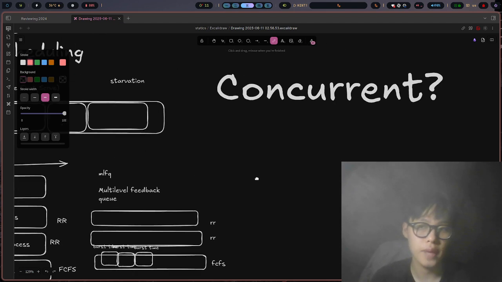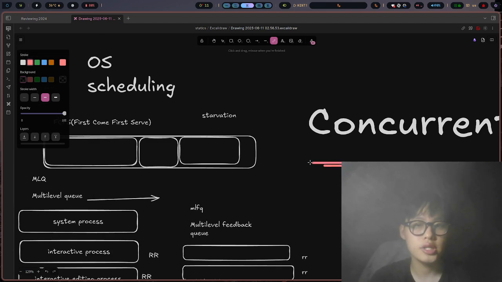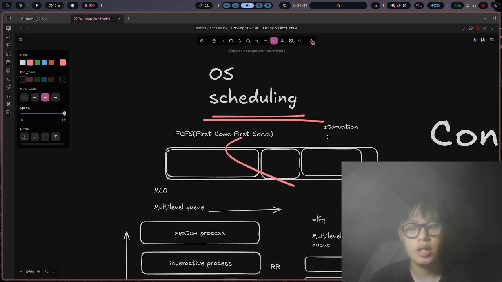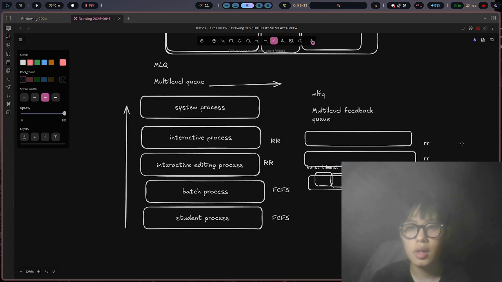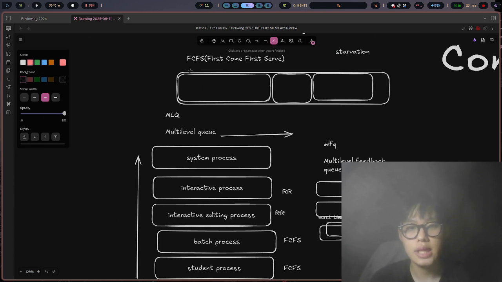So to go back, we talked about concurrency and scheduling, and the data structure used in scheduling algorithms is big. Round robin is the one that uses time slices and makes sure that all of the processes, all of the tasks, get the same time based on the time slice.